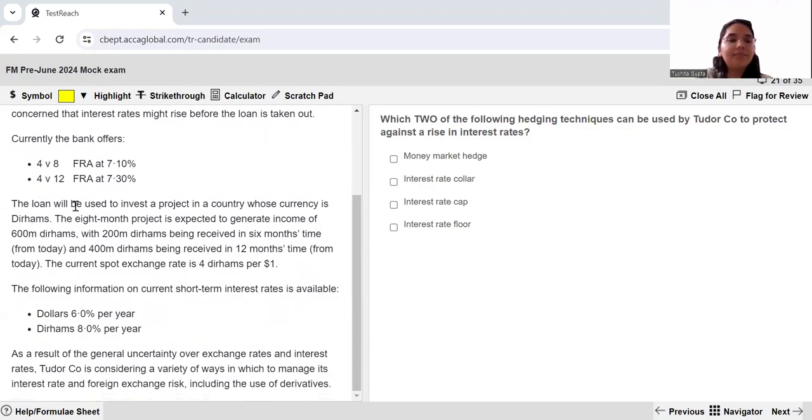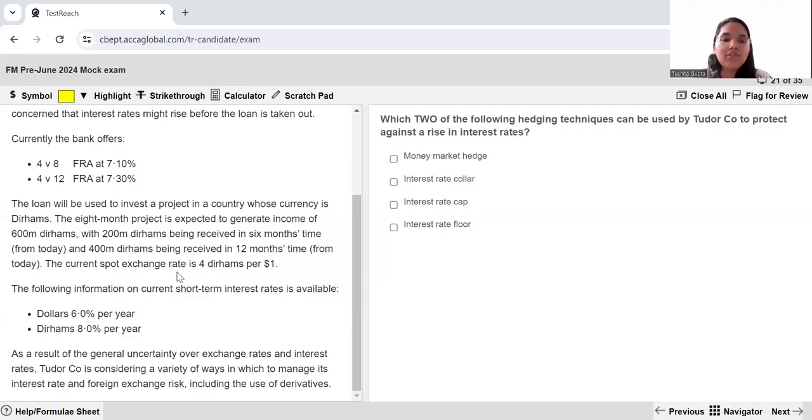My apologies. The loan will be used to invest in a project in a country whose currency is dirhams. The 8-month project is expected to generate income of 600 million dirhams, with 200 million dirhams being received in 6 months' time from today and 400 million dirhams being received in 12 months' time from today.